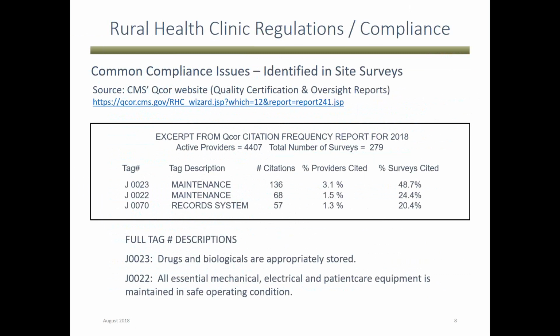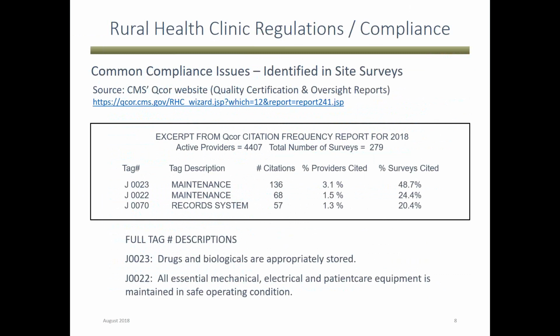J0022, all essential mechanical, electrical, and patient care equipment is maintained in safe operating condition. Now, they don't walk in and turn on every machine or device during the course of a survey. What this means is there must be tangible documentation that all equipment that requires maintenance has been maintained and is in good working condition.